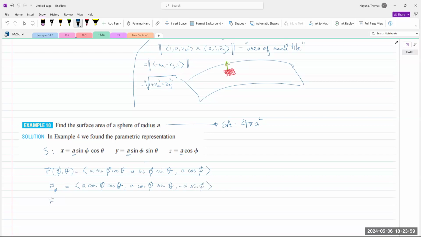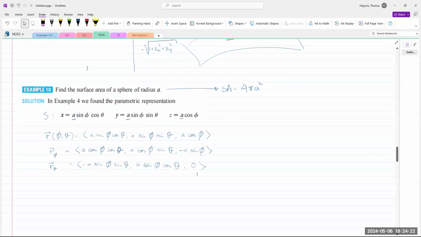And the partial of r with respect to theta will be negative a sine phi sine theta, a sine phi cosine theta, and 0.